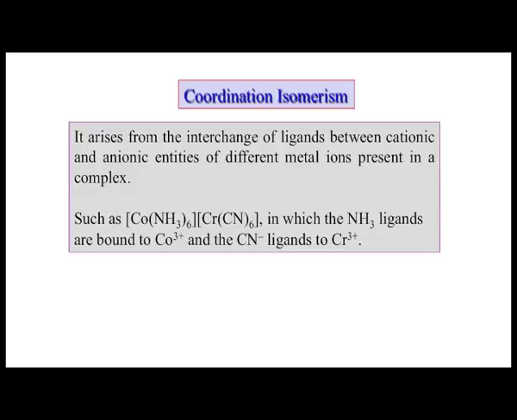Once we change this particular center from hard to soft, its affinity for the corresponding ligand will also change, and we can get some intermediate species where one particular ligand, like cyanide, like azide, can bind through carbon and can bind through nitrogen. It can be a very good bridging ligand in that particular case.